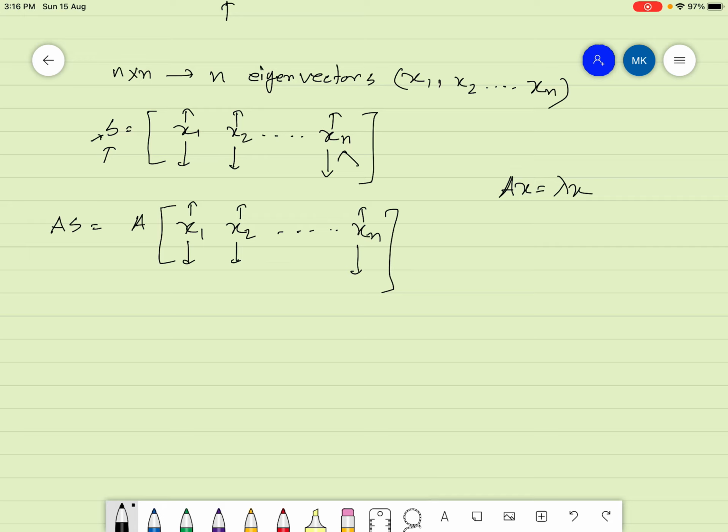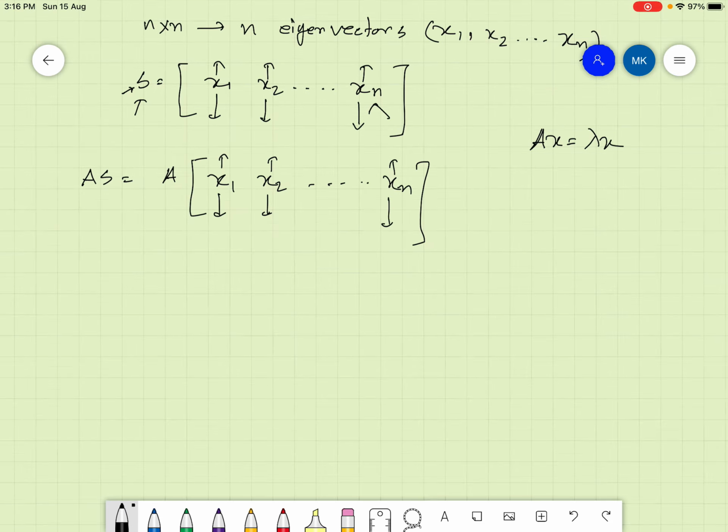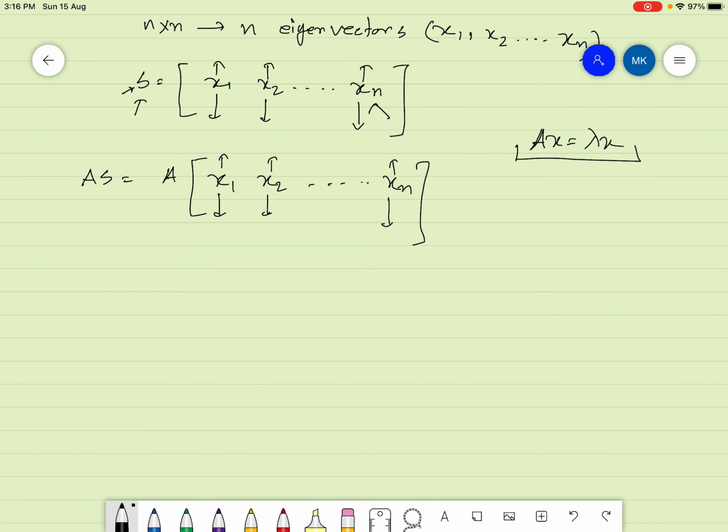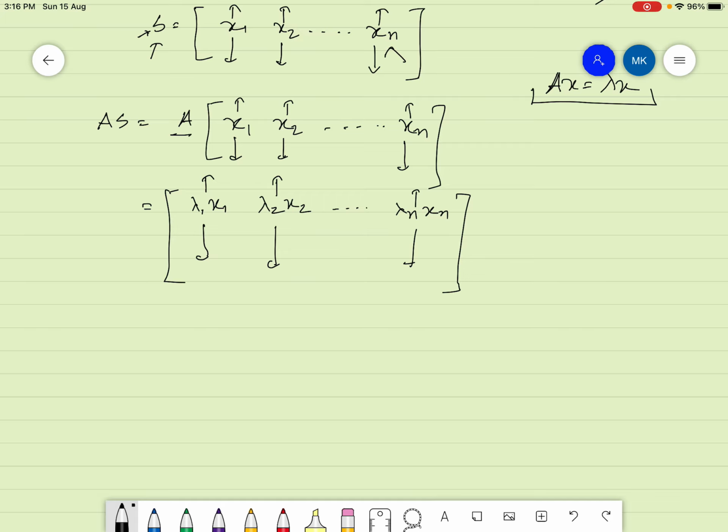So for this, if we use this, A is multiplied by all the columns. So if we use this formula, we have lambda 1 x1, then lambda 2 x2 to lambda n xn, all the columns.